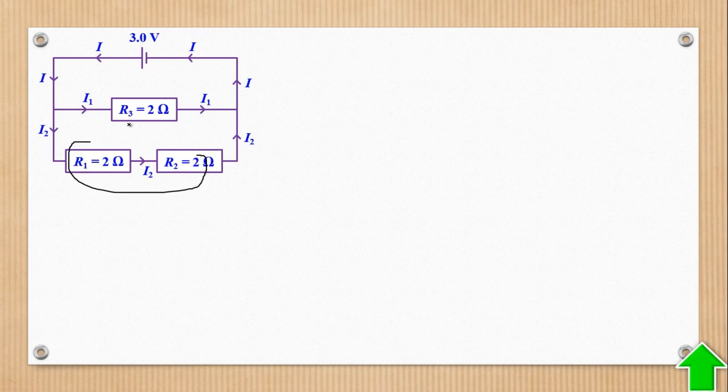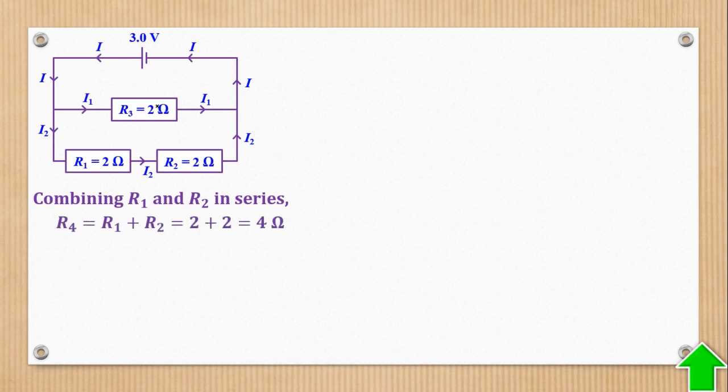Then we can get a single resistor which is in parallel with this one. So you come and say that combining R1 and R2 in series, we shall get this 4 ohms. Now let us redraw for you to easily understand it.